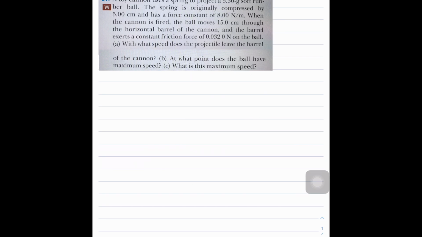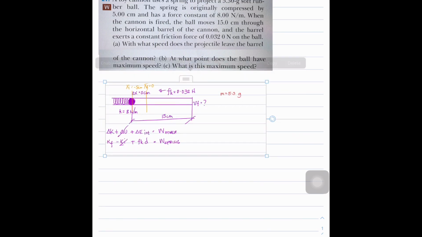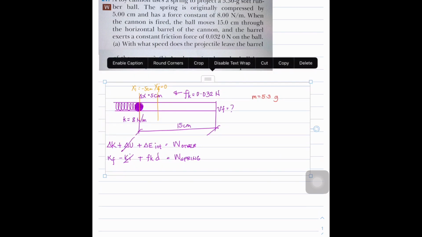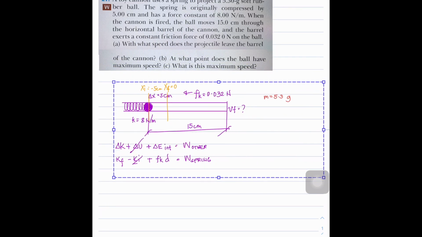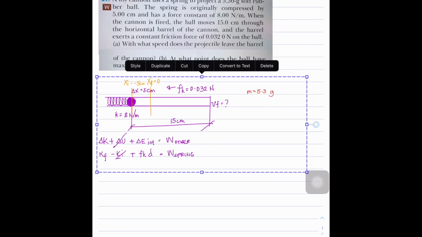So let's have the representation here. I already have the representation.